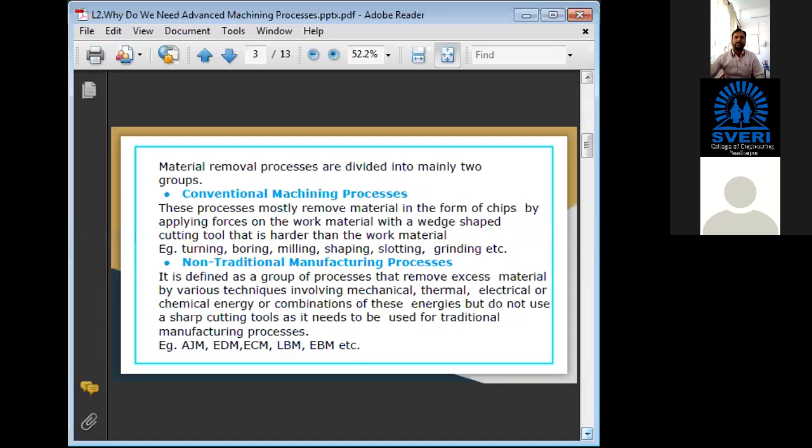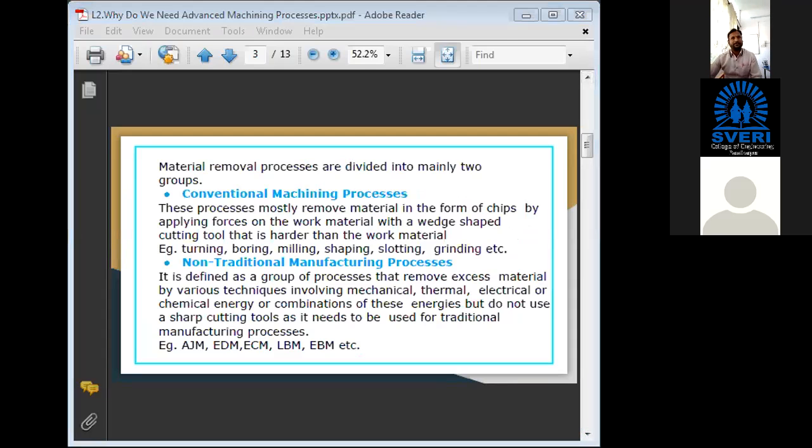The processes used to remove material from the workpiece are called material removal processes, and they belong to secondary manufacturing because they provide the final shape with accurate dimensions and surface finish.